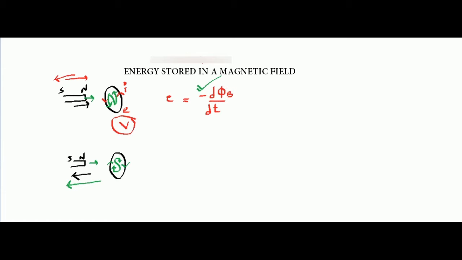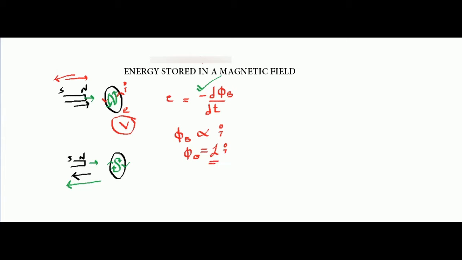Now an interesting thing: the amount of current that will be generated in the wire will depend on the amount of flux you are changing, that is, how much flux you are bringing near the wire. So I can write phi B equals, and when you convert a direct proportionality to an equals sign, you always have a constant, with I. Now what is this constant?